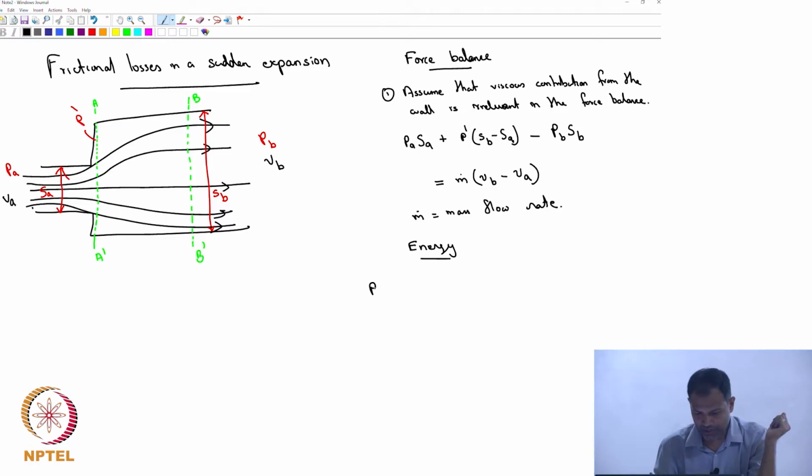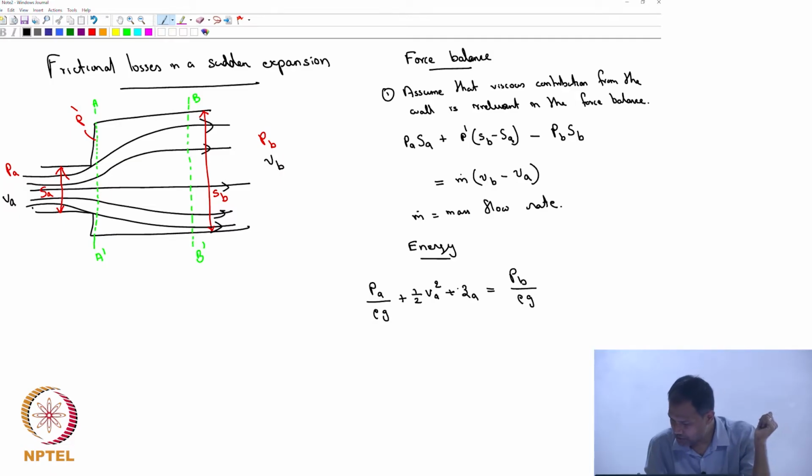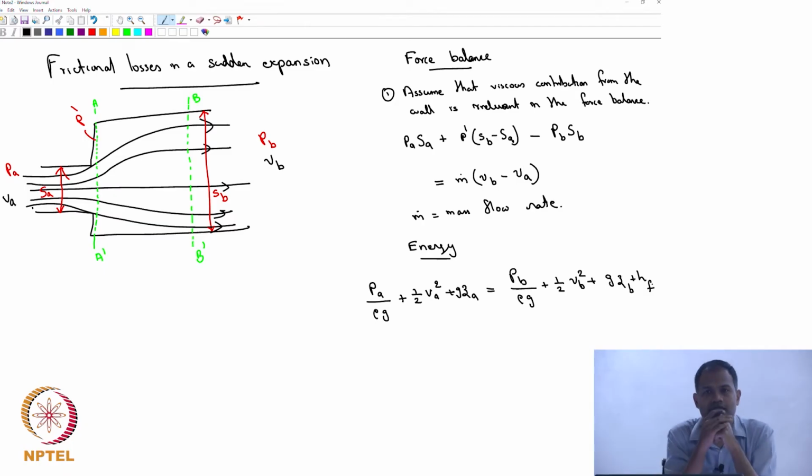So I'll say PA by rho g plus half VA square plus ZA is equal to PB by rho g plus half VB square plus ZB plus the other losses, which is what we want to calculate. It's just applying between section A prime and B prime.